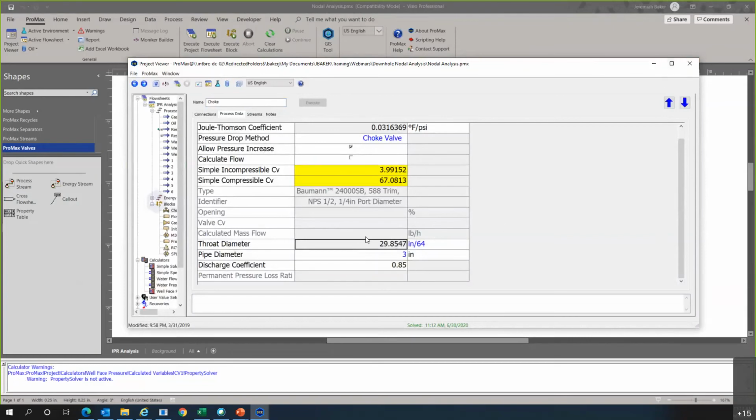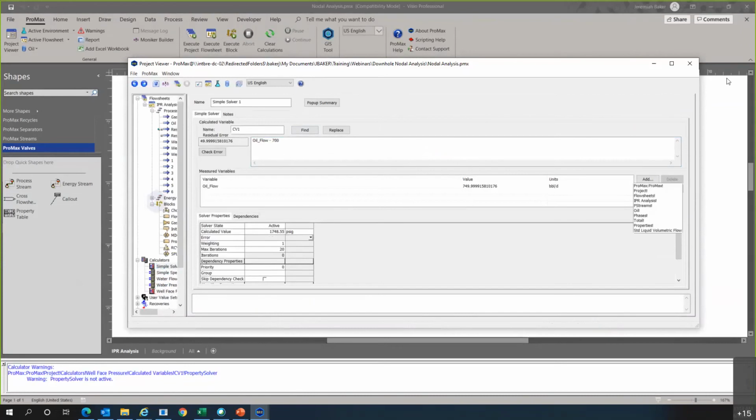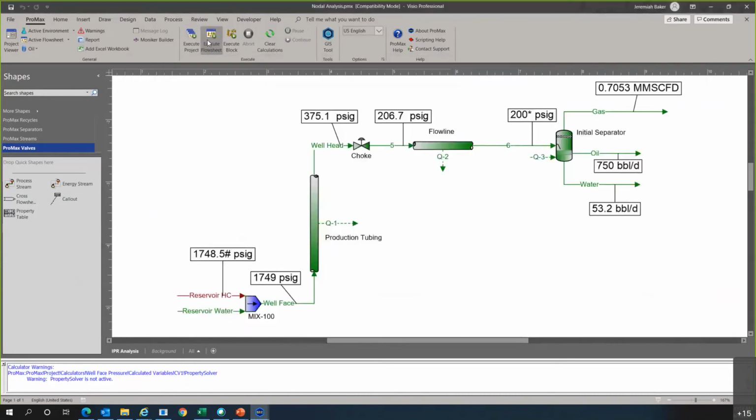Another thing about ProMax too is we are able to tell that the valve is still in a choke setting. And so if I go back, we'll set it back to the original set point of 700.